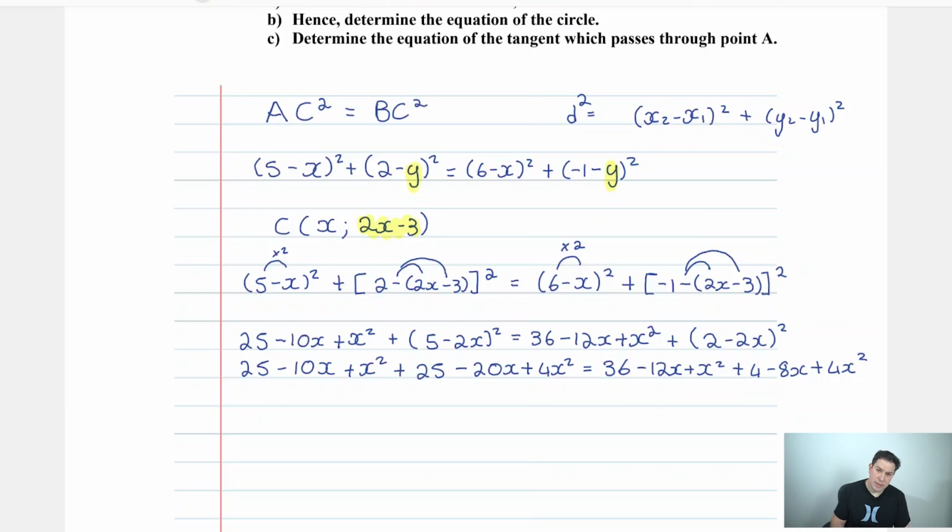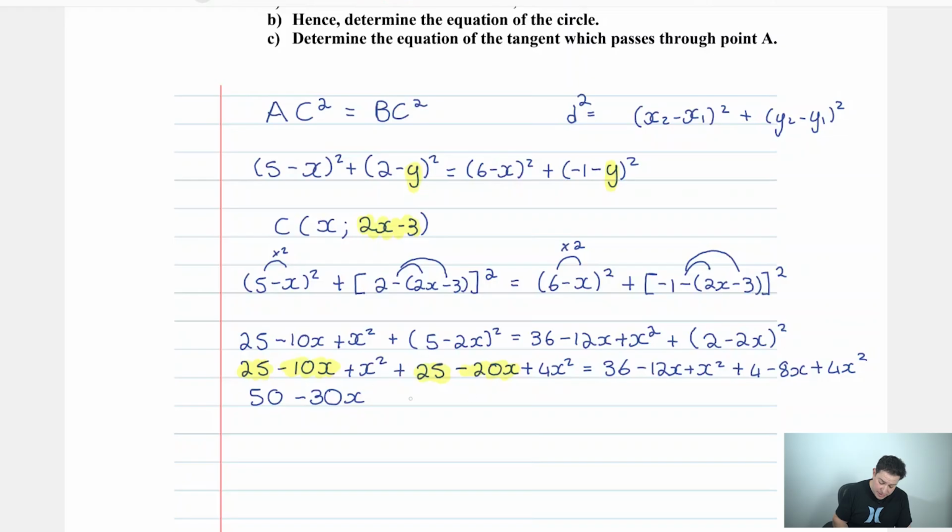And now we're just going to add all our like terms together. So we have 25 plus 25 over here, which gives us 50. Then we have minus 10x minus 20x, which is minus 30x.